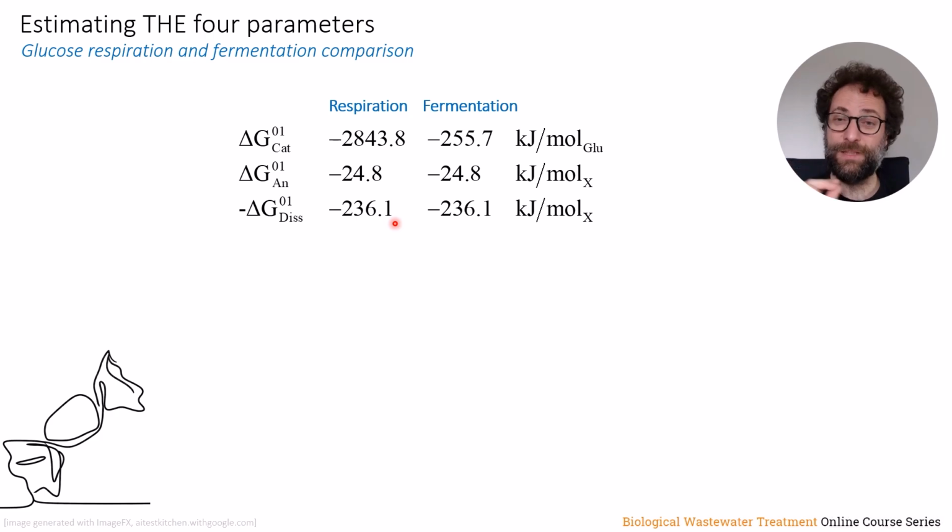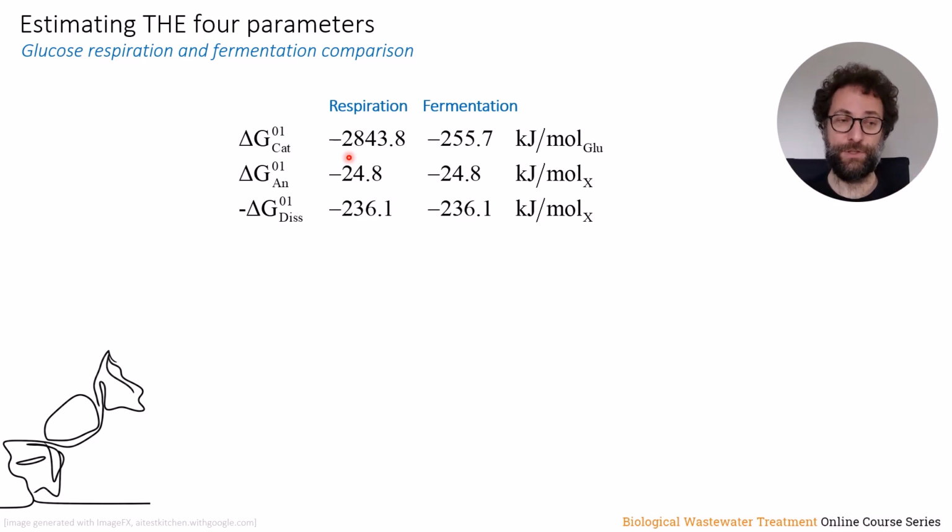Where the two metabolisms differ substantially is in the energy that is released or that can be used from the catabolic reaction. And we see that there is one order of magnitude difference, being it much higher for respiration with oxygen. Simply for the fact that organic carbon is a good electron donor, oxygen is a good electron acceptor. Whereas in fermentation, organic carbon is the donor, good donor, but also a weak acceptor.